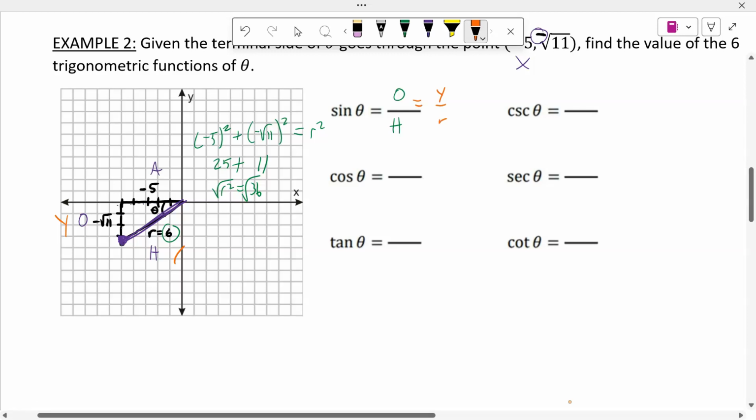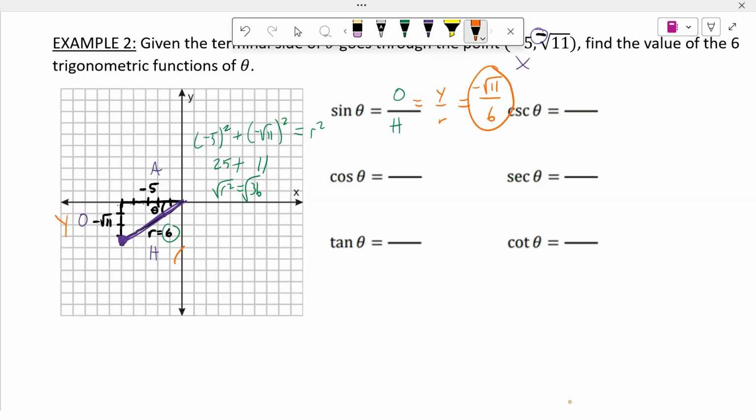Again, I'm just writing this for your reference. The final answer is going to be negative root 11 over 6 in this case, since we can't reduce that. The flip of that would be 6 over negative root 11. That'd be the reciprocal. So again, this would be r over y in this case, or hypotenuse over opposite, however you want to think about it.